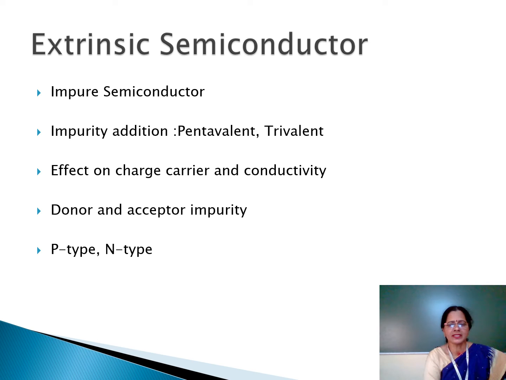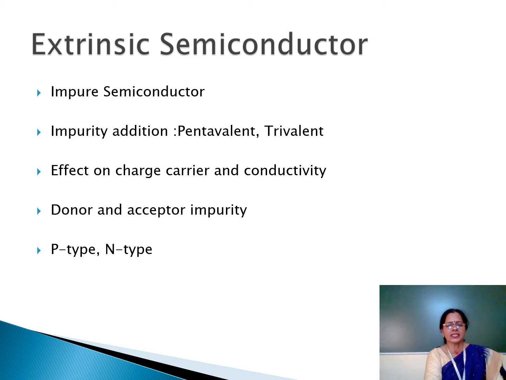Trivalent material means materials having 3 valence electrons in their atoms, for example gallium and indium. Pentavalent material means materials having 5 valence electrons in their atoms, for example arsenic and antimony.